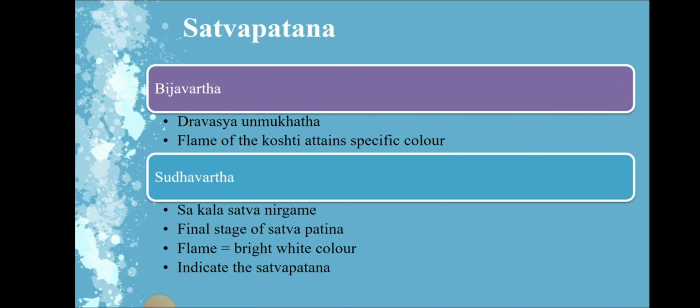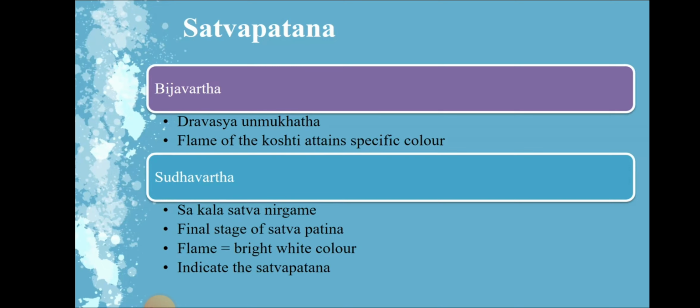Based on the process of sattva there are two stages, that is Bijavarta and Shuddhavarta. Bijavarta is the beginning stage of sattva, the dravasya unmukta. So when the mineral starts to melt, that stage is known as Bijavarta. In that stage, the flame of the koshthi attains a specific color that is representative of the mineral used for the sattva.